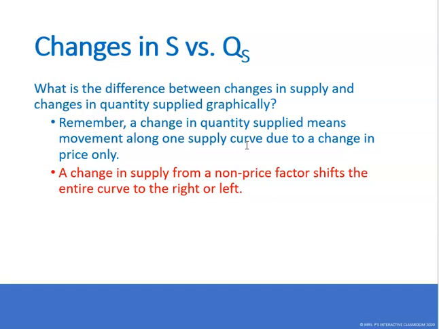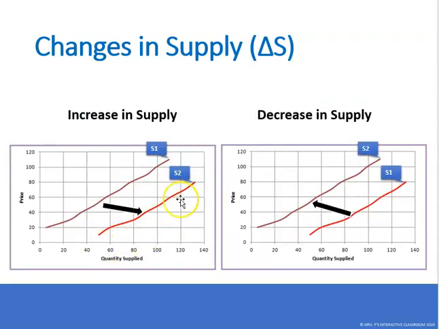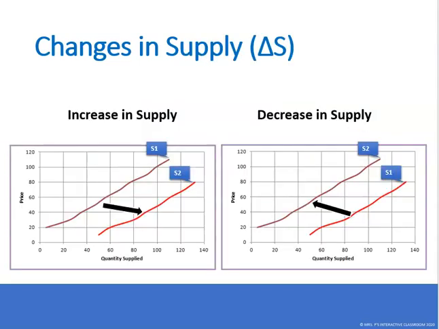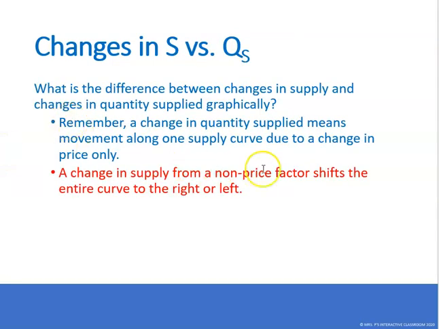So if you were looking along your curve, sometimes it's not really a curve, a change in quantity supplied means movement along one supply curve due to a change in price only. However, a change in supply from a non-price factor shifts the entire curve itself.